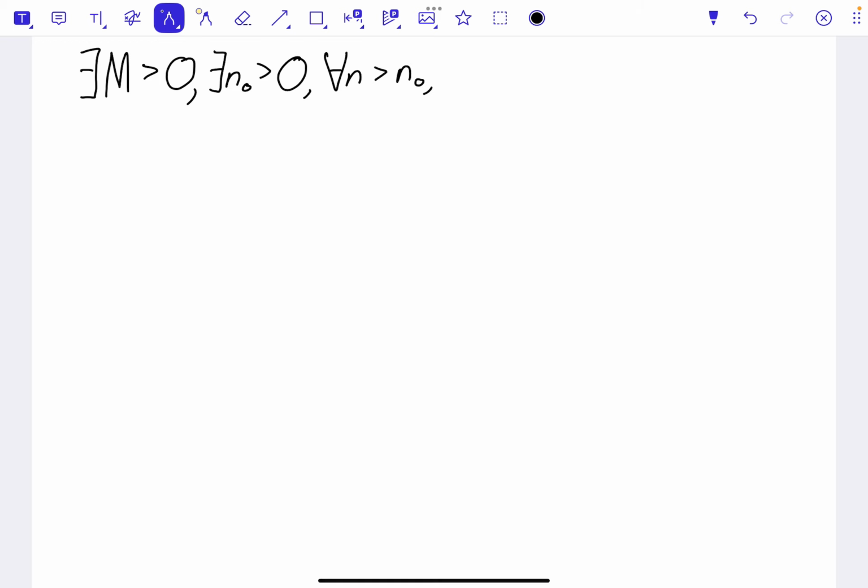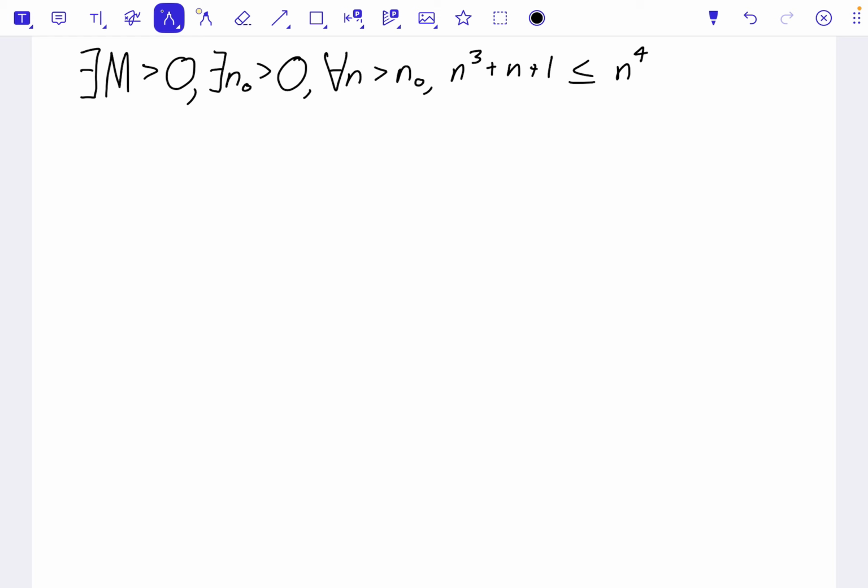So we're trying to show that there exists an m greater than 0 and an n naught greater than 0, such that for all n greater than n naught, n cubed plus n plus 1 is less than or equal to m n to the power of 4. Cool.